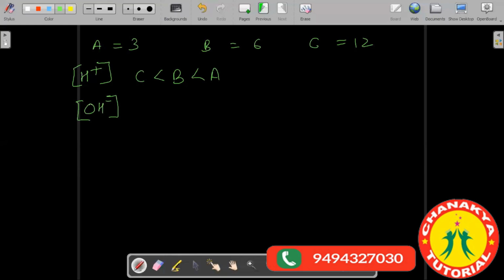For the hydroxide, the minimum concentration will be for A, then for B, and then for C. So C has the maximum hydroxide ion concentration.